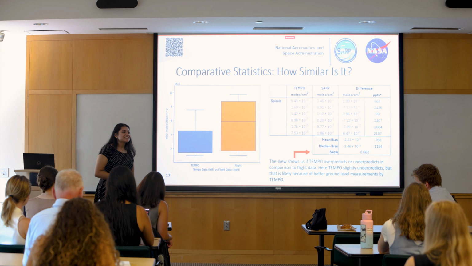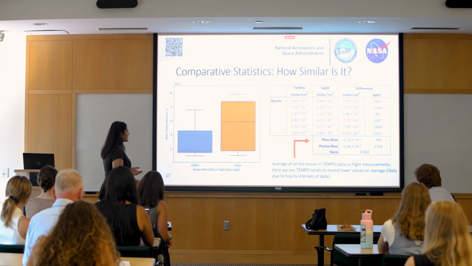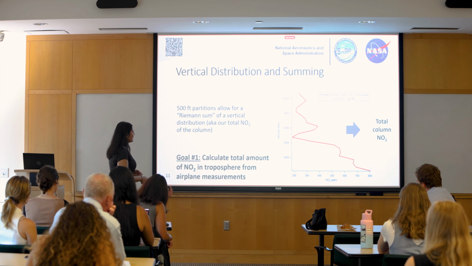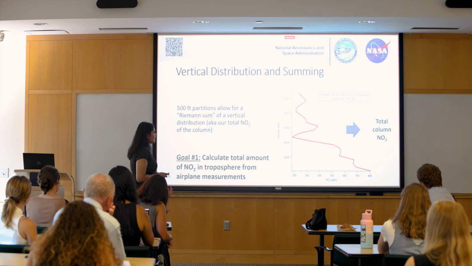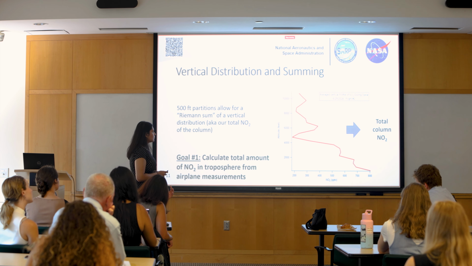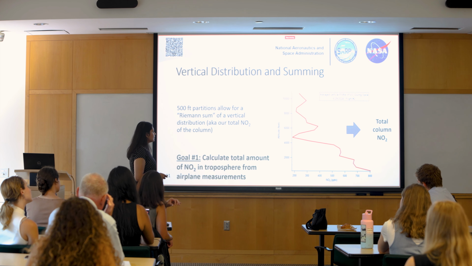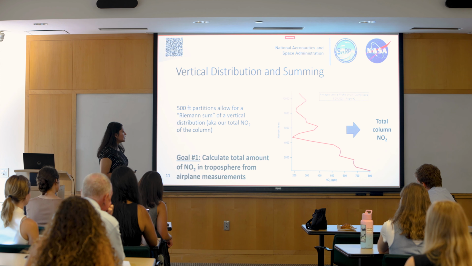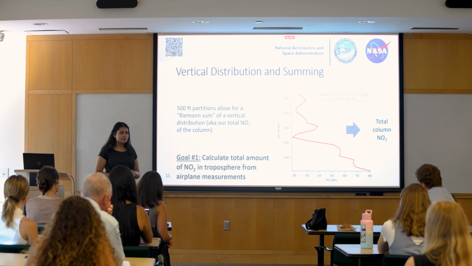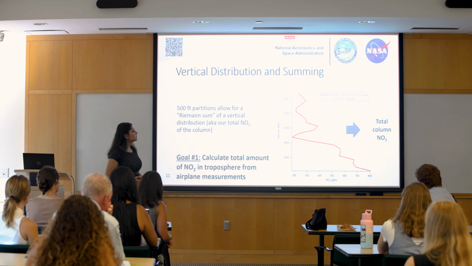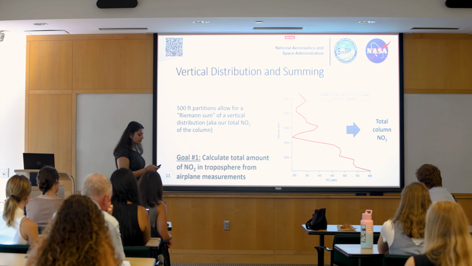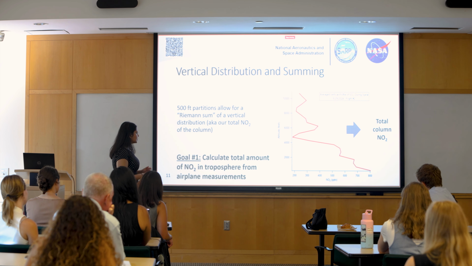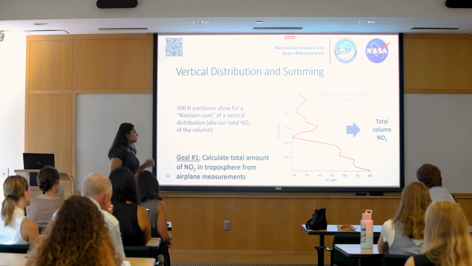Thank you for asking. There were a couple of assumptions that I had to make. Let me go to that slide real quick. It's exactly as you said. The flight spiral was probably between 10,000 feet and maybe 2,000 feet at lowest. We made the assumption that anything above 10,000 feet, since I was looking at tropospheric levels, was negligible. However, there is a large concentration below where the plane could measure.